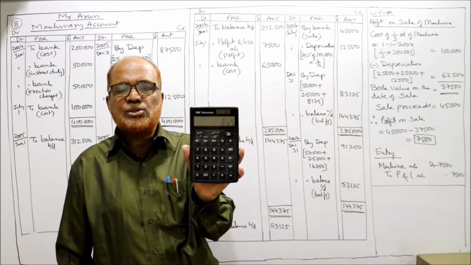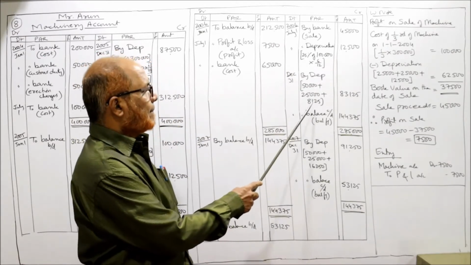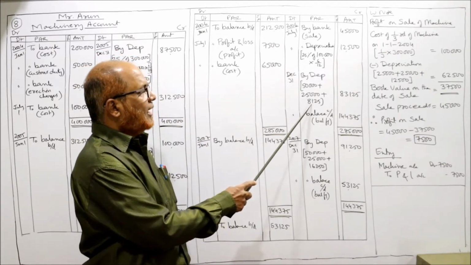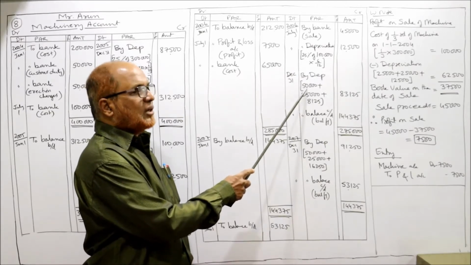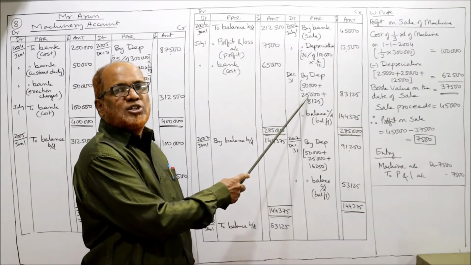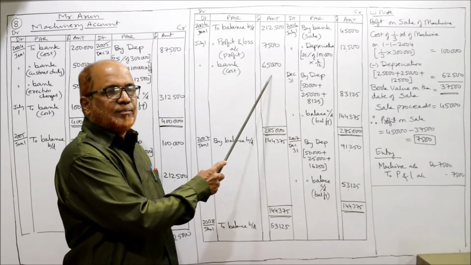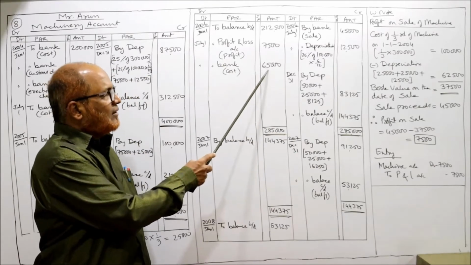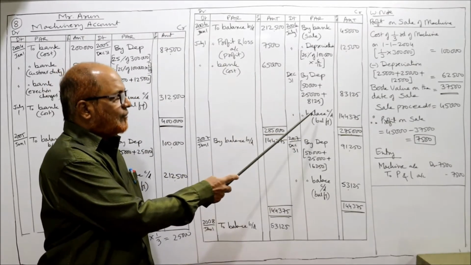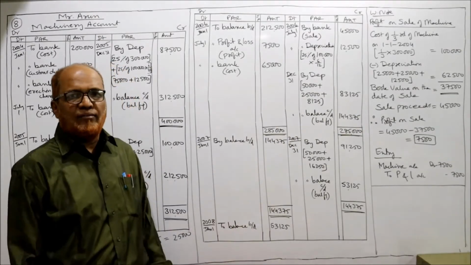So I have taken 8,125 here. So 50,000 is the first machine depreciation, 25,000 is the second machine depreciation, 8,125 is the third machine depreciation, 65,000 into 25% into 6 by 12. Total depreciation 83,125.